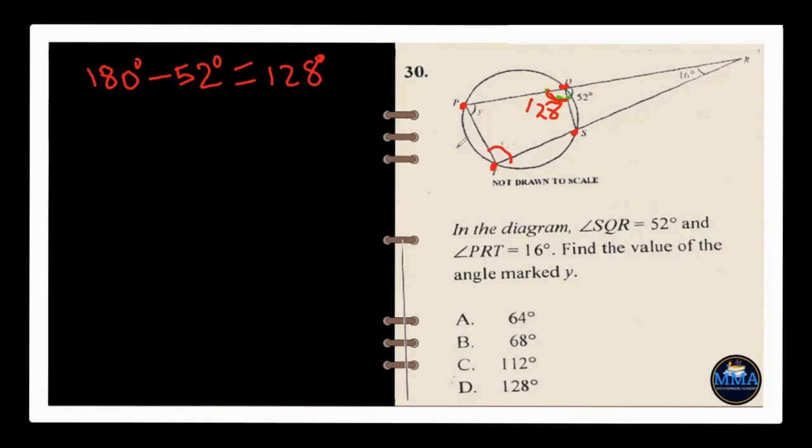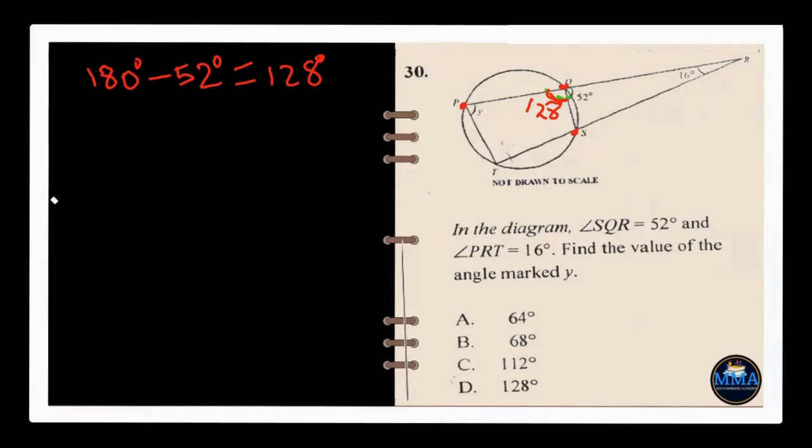So it means also, if I want to find the value of this angle here, I am going to do 180 minus 128. Let me mark that angle with a different color.